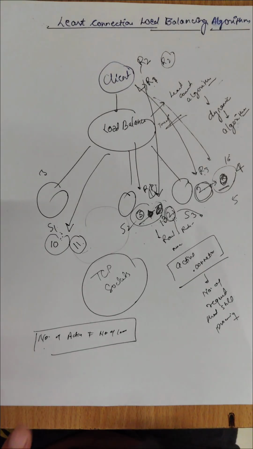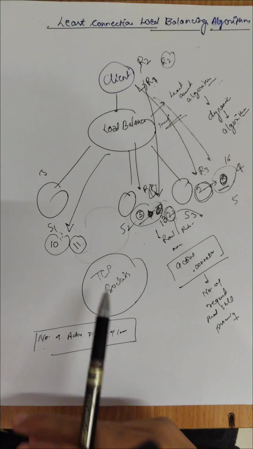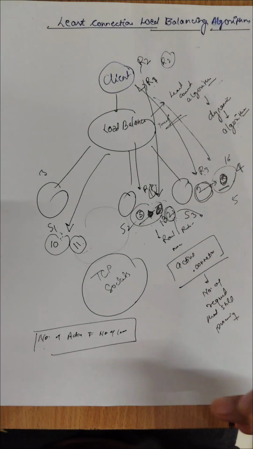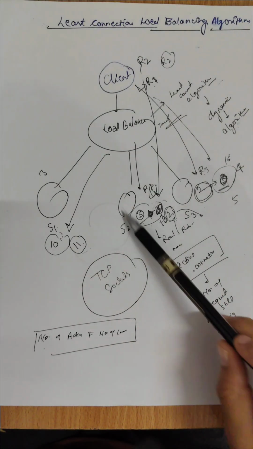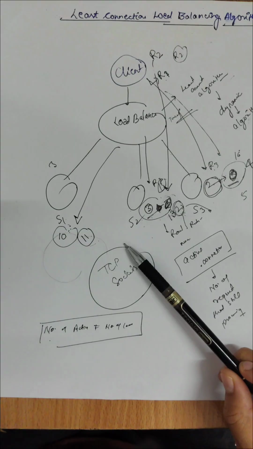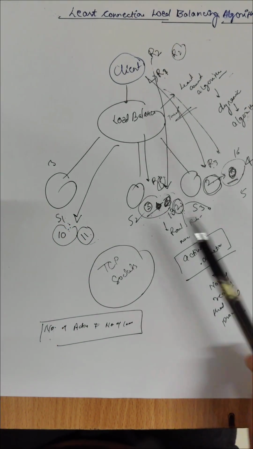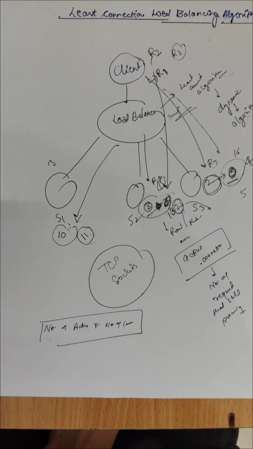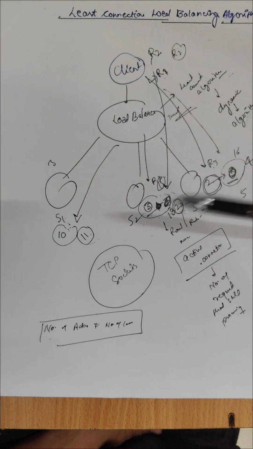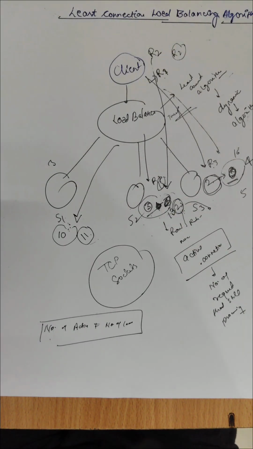Okay, so I hope till now you have understood the concept. So this was the whole concept of the least connection algorithm: properly make sure that the count is increased by one and decreased by one. We have to cover the edge case that if all the servers have the same number of requests, in that case we have to define another algorithm which can distribute the requests among the servers.